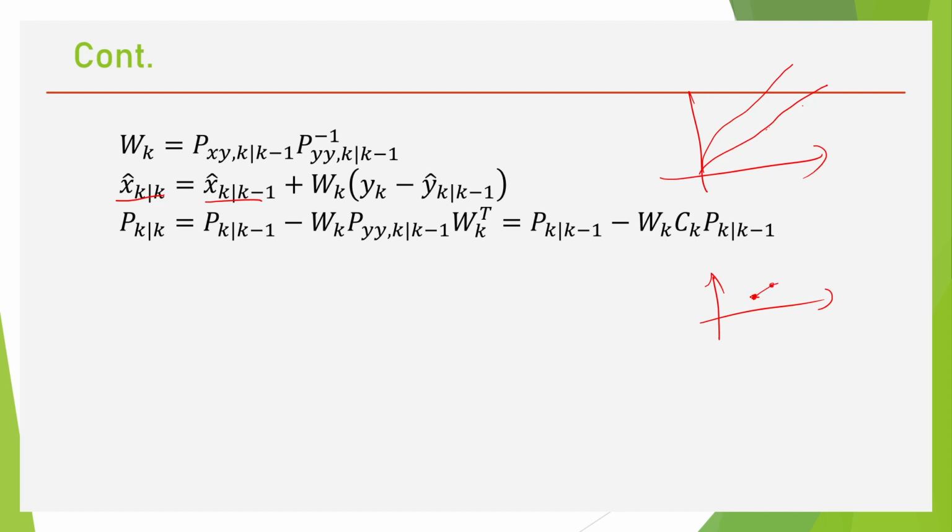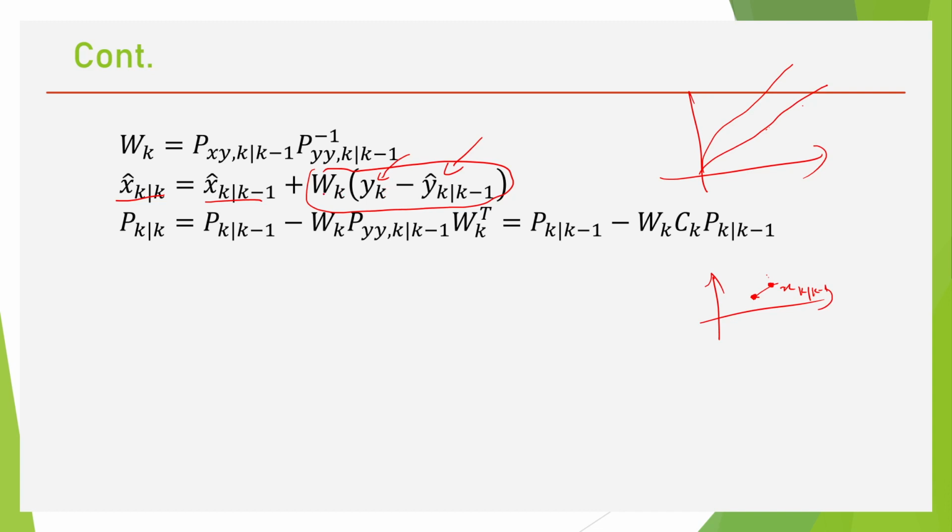But this is h k given k minus 1, and when we compute the predicted y and compare it with the measurement y, they are not the same, which means the true h is somewhere else. So we need to correct it with the measurement term. This is the new measurement, this is the predicted output, and they are not the same.